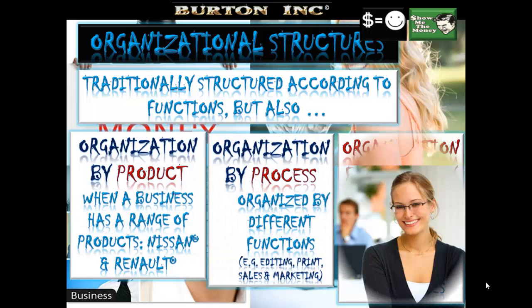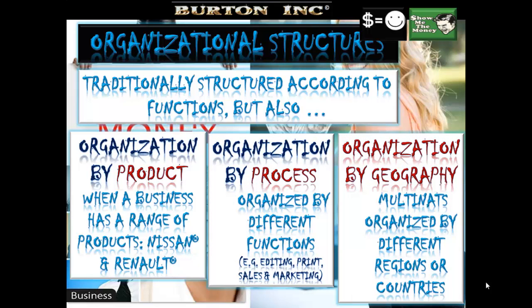Now we saw in the previous example, the previous organisational structure for that particular company. The organisation was structured according to functions, so production, human resources, finance, marketing, etc. But that doesn't necessarily have to be the case. We can organise our structures by product, especially when there are quite a lot of different products and quite differentiated.